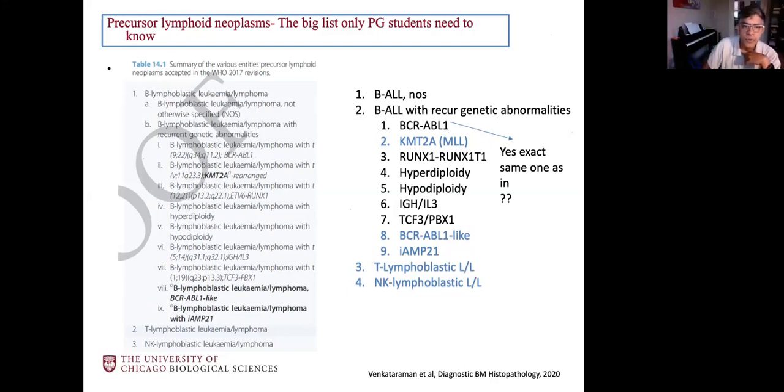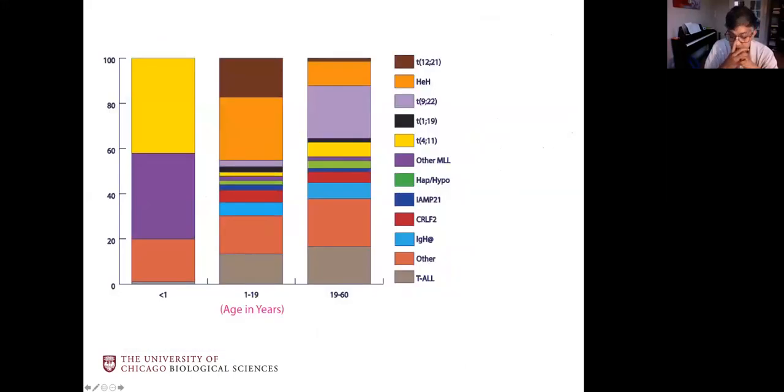So this is a graph, a vertical plot stratified by age in patients who are less than 1, 1 to 19, and more than 19, and the percentages of each subtype of genetics that it represents. When you look at patients who are less than 1 and develop lymphoblastic leukemia, you can generally predict the genetics most of the time.